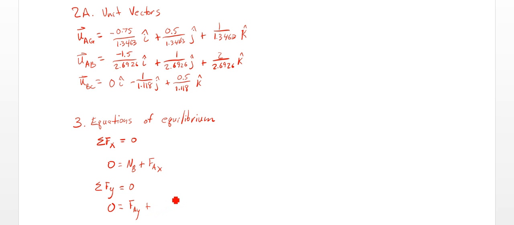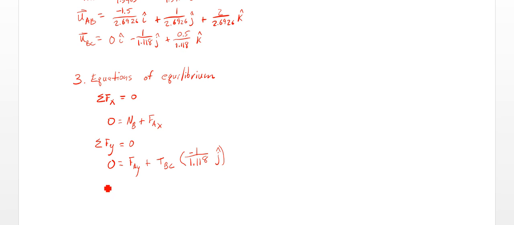If we find a negative sign, it will indicate it's the opposite direction. So plus tau BC times the unit vector section of BC here. It's going to be negative 1 over 1.118 J. So that's just in that J direction.